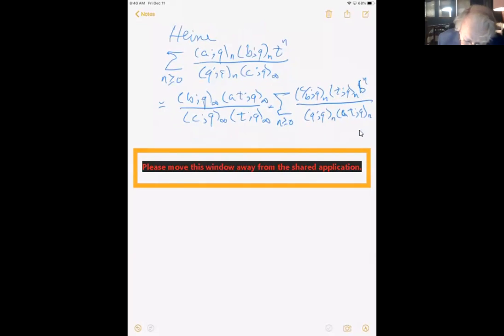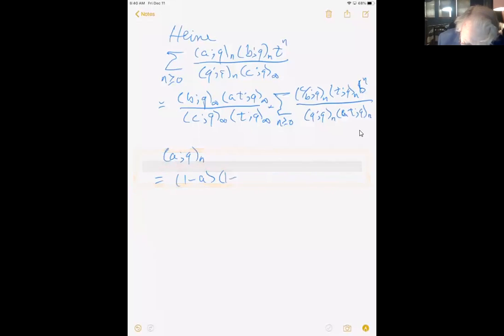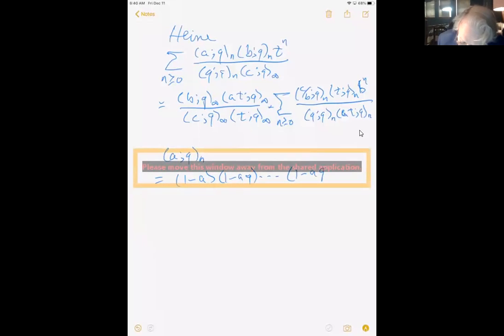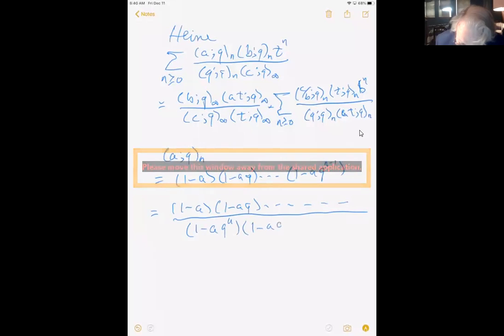So the proof relies on the following idea. (a; q)_n equals, let me write it out now so that you can see how it goes, 1 minus a q to the n minus 1. So what you can do is to rewrite this as a quotient of two infinite products. So you take this and you write it all the way out, and it just goes on forever. And in the denominator, you cancel out the terms that you don't want, so that you have precisely that finite product in the numerator.